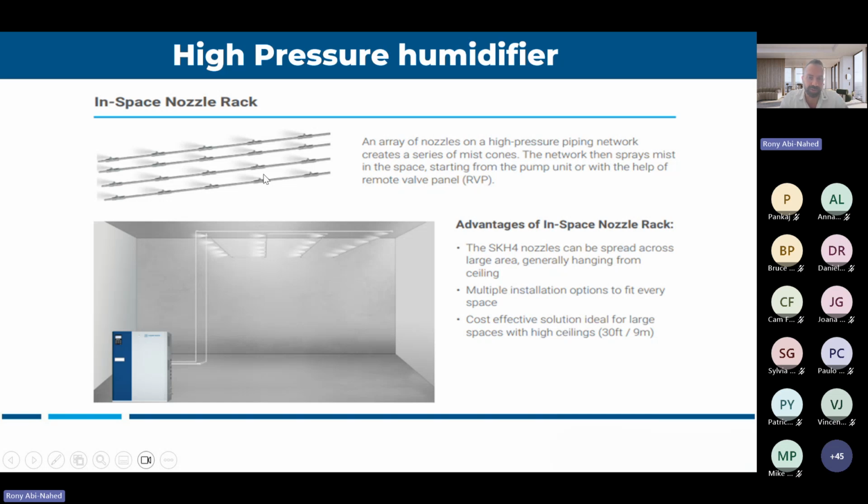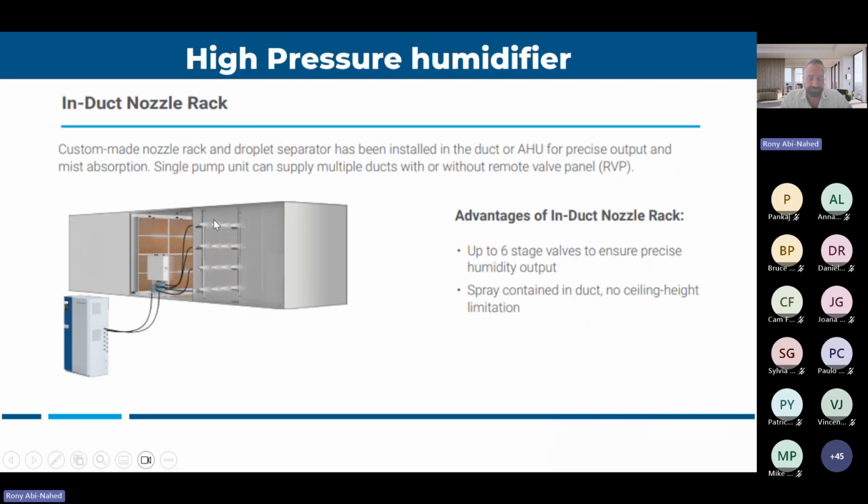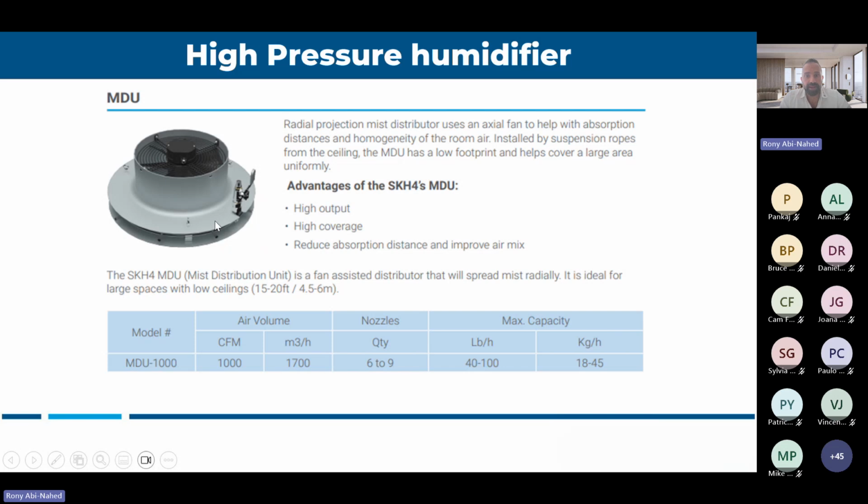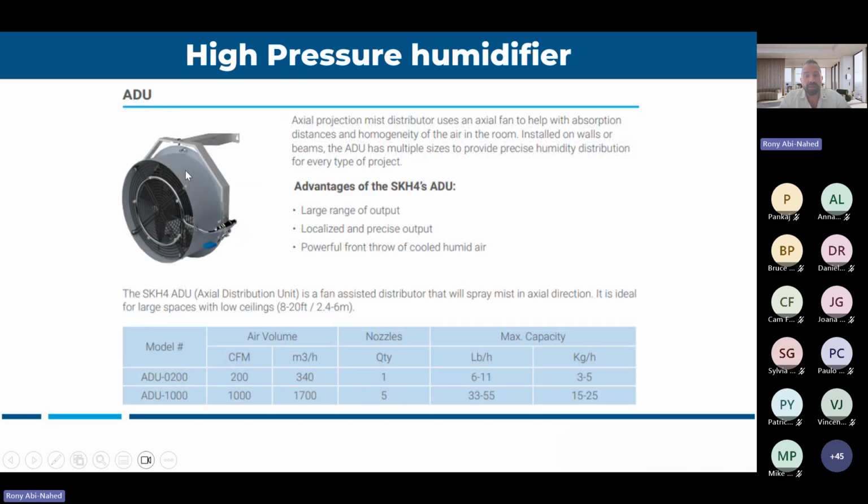The water will break into droplets and get absorbed by the air. So you can have these racks of nozzles directly in the space. You can have them inside an air handling unit, or you can have them in a different setup, like nozzles with a fan, so you can disperse quicker inside the space.